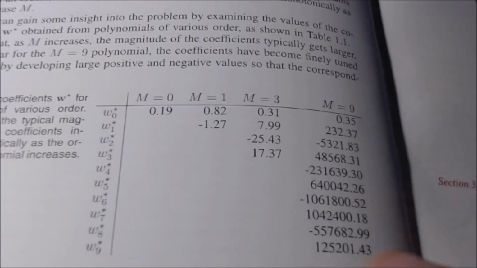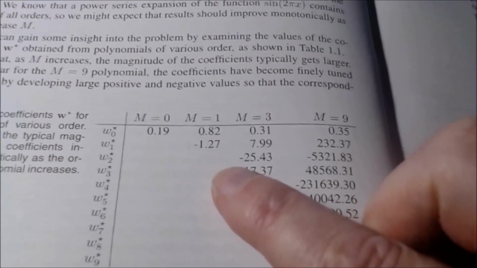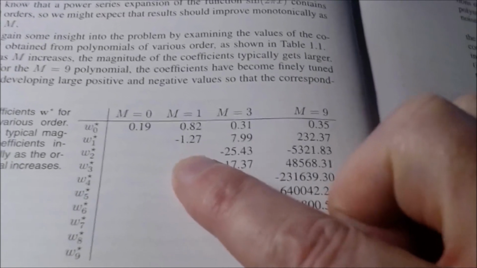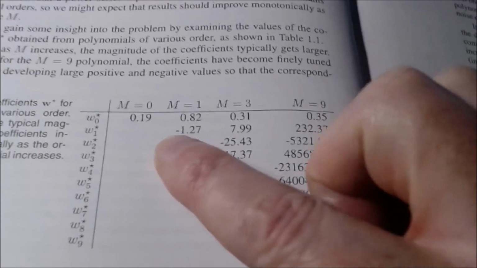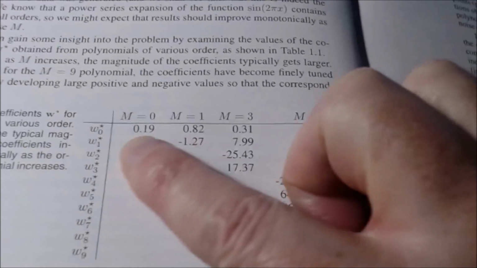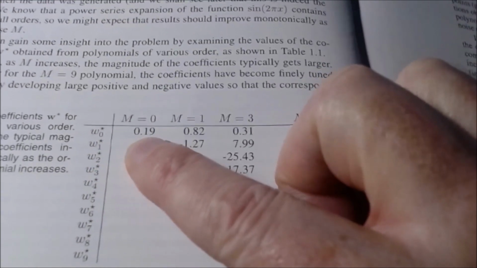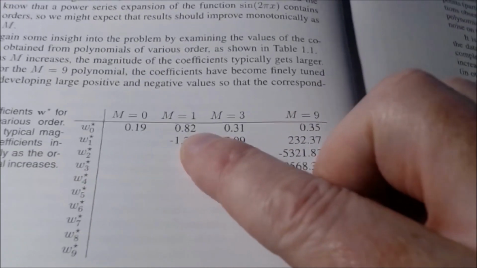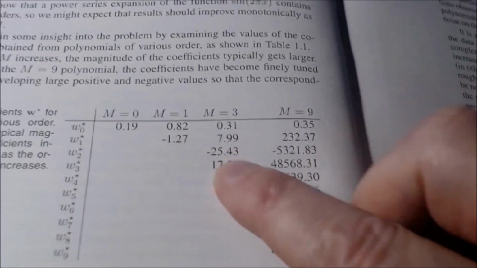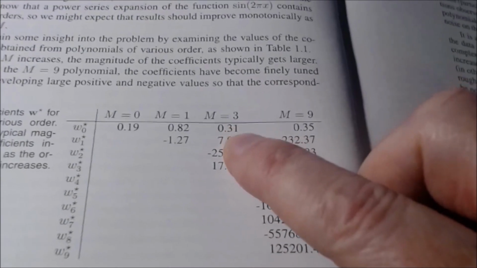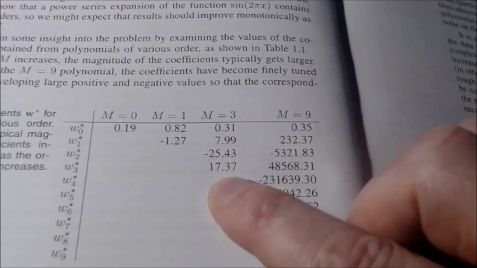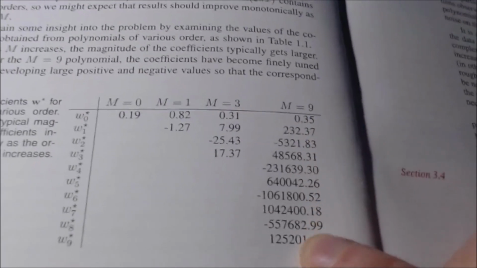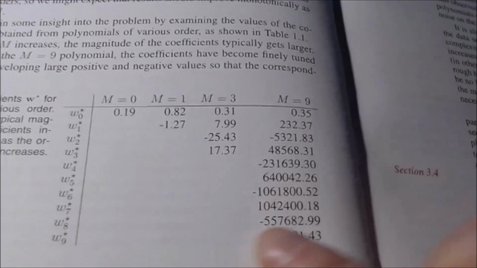So these are the parameters that I have chosen in order to generate the simulations, and they come from the table on page 8 of the book. We started off with only the W0 weight, and it was 0.19, and then we went on to the next simulation where we had W0 and W1, and then the next simulation we had 0, 1, 2 and 3, and in the final simulation we went from 0 up to W9.